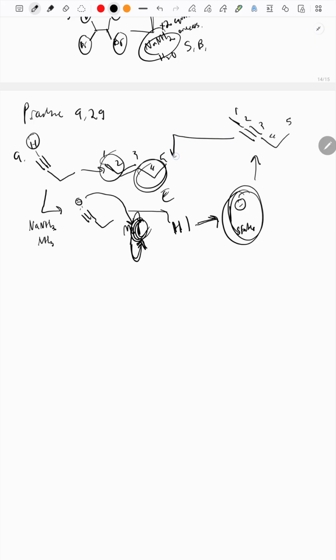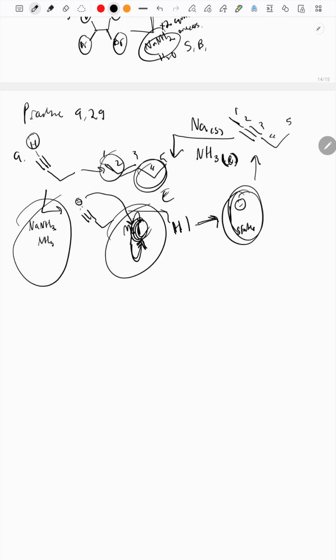We can do this through sodium and ammonia in liquid form. That's our answer. We did how many steps? 1, 2, 3. So we had to go through 3 steps of synthesis. This is the beginning of our introduction to synthesis.